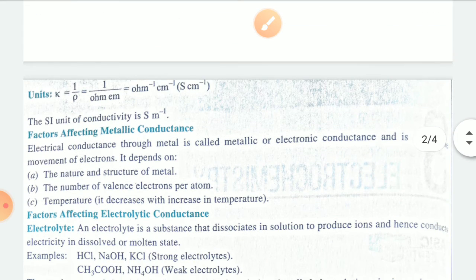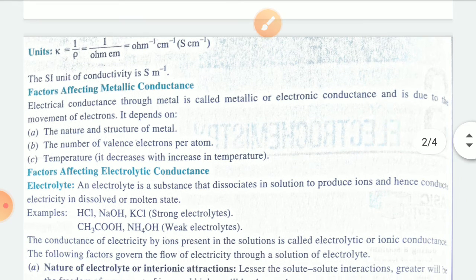The unit of conductivity is per ohm per centimeter. Here per ohm is known as Siemens. Therefore, we may also say the unit of conductivity is Siemens per centimeter. The SI unit of conductivity is Siemens per meter.